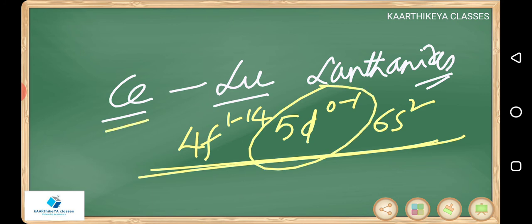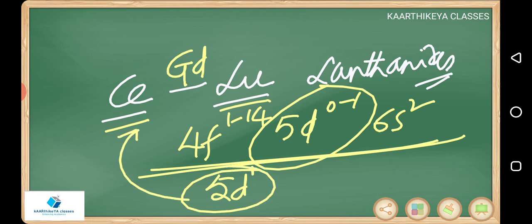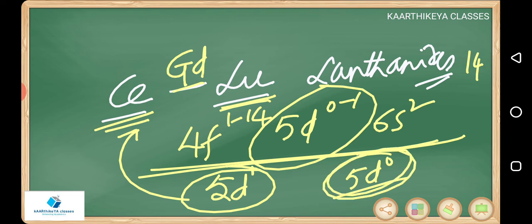Only cerium and lutetium, and in between them the element gadolinium, have 5d1. Rest all have 5d0. Out of 14 lanthanides, only 3, cerium, lutetium and gadolinium, have 5d1. The remaining 11 lanthanides have 5d0. You can keep this in your mind if they ask any kind of exceptions.